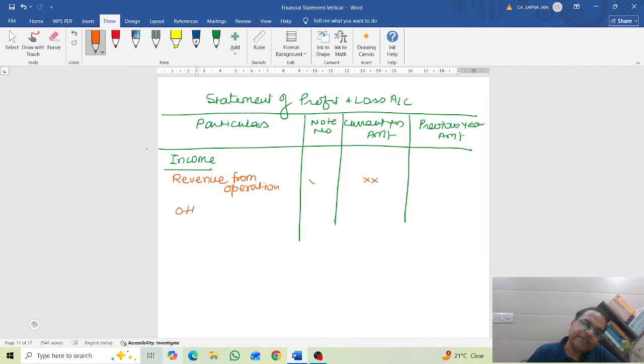And number second is other revenue or other income. Now the inclusion of revenue from operation and other revenue is called total income.